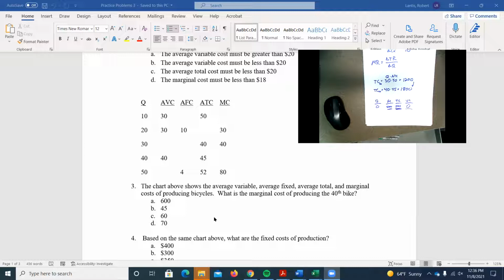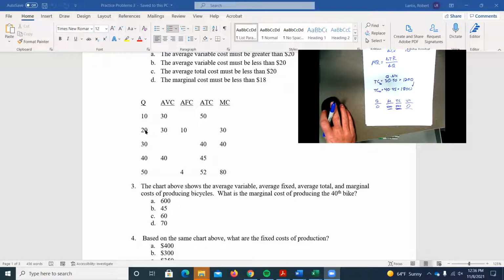Now, on this one, it's a little bit more difficult, right? Because I don't have that quantity level of zero. So this is maybe something good to know for the exam, looking at that quantity of zero, something I might give you instead. But even if I didn't, if I know that my average fixed costs at a quantity of 20 or 10, right?